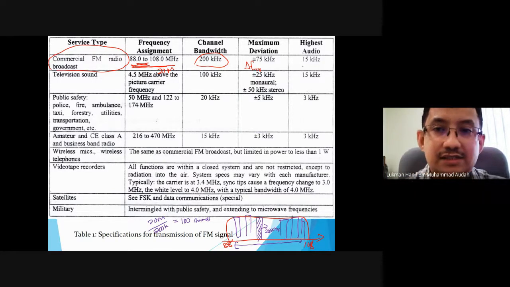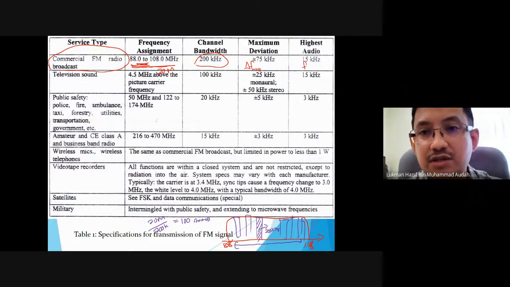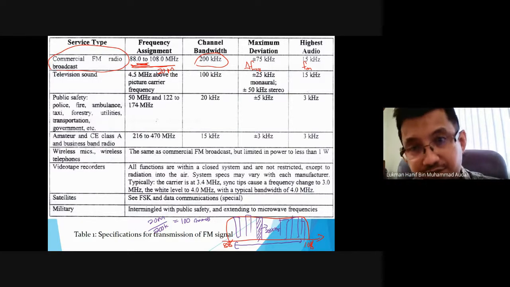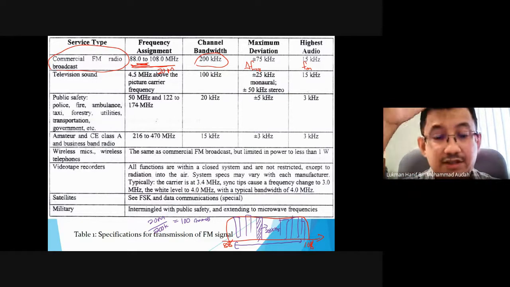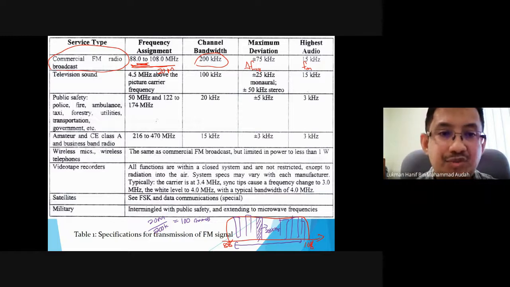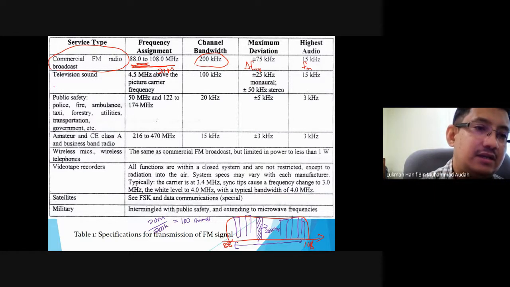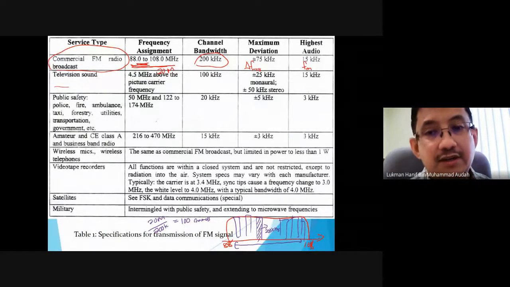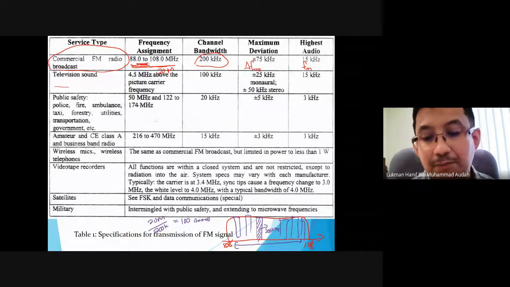And the highest audio frequency, this is for FM actually. Okay, maximum value untuk nilai FM adalah 15 kHz. So this is defined by the standard. Okay, and the rest, television sound, public safety, you can read on your own. Kamu boleh belajar sendiri. Tapi yang kritikal adalah baris pertama.